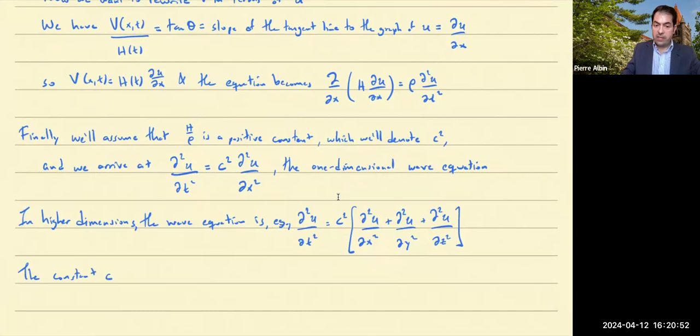The constant c is known as the wave velocity.